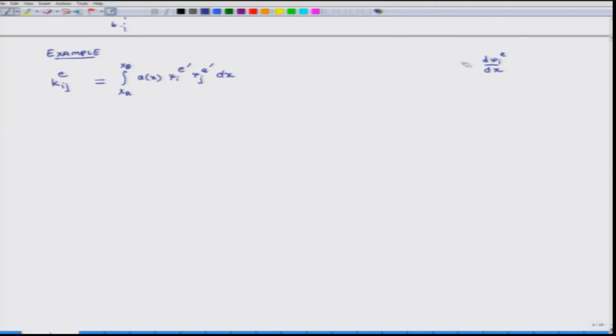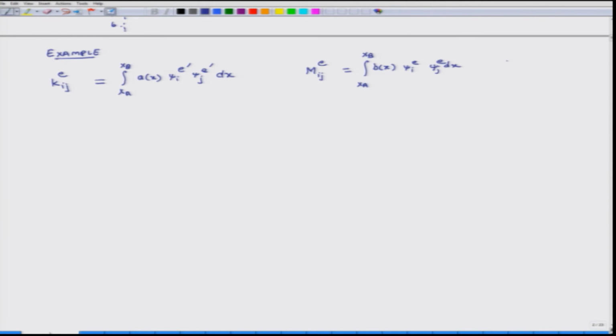So, I am going to erase this. Another example could be that someone may be interested in finding the mass matrix for a differential equation, and if the definition of the mass matrix is such that it is equal to the integral from x_a to x_b of b(x) psi_i^e psi_j^e dx.